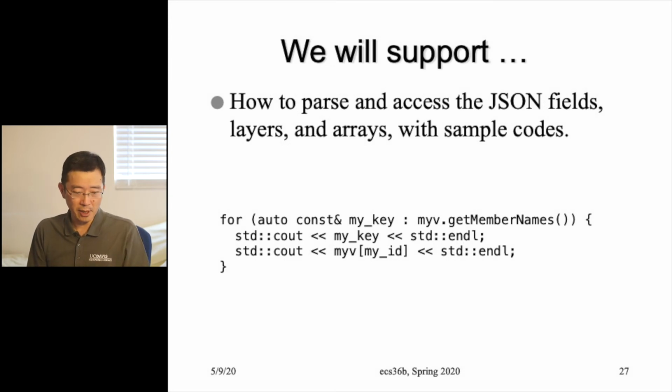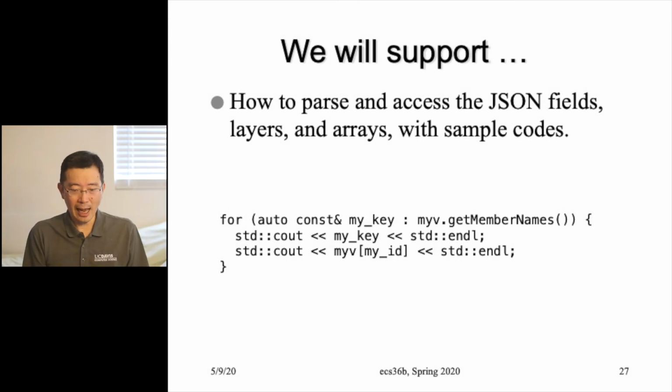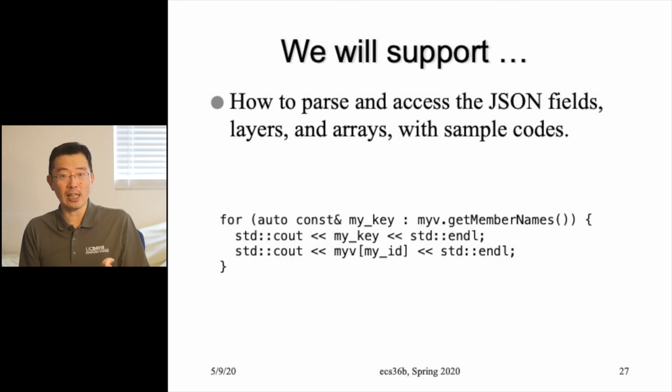For example, this piece of sample code I presented here is basically trying to get the first level names. myv is, by the way, a JSON value object, which means you convert from the original file or string into this object called myv. myv is an object, so it has a member function called getMemberNames. Essentially, getMemberNames gets all the first level keys you have.